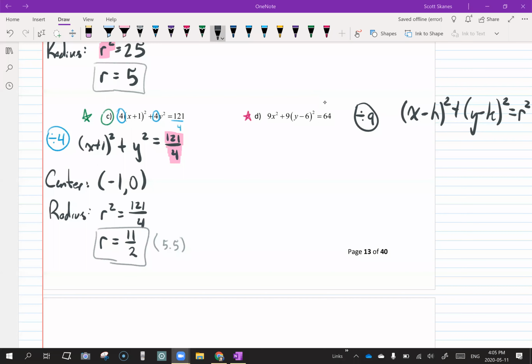Okay, that's close enough to a minute, more or less. I'm going to divide everything by 9. Of course, keep working on it if you want.